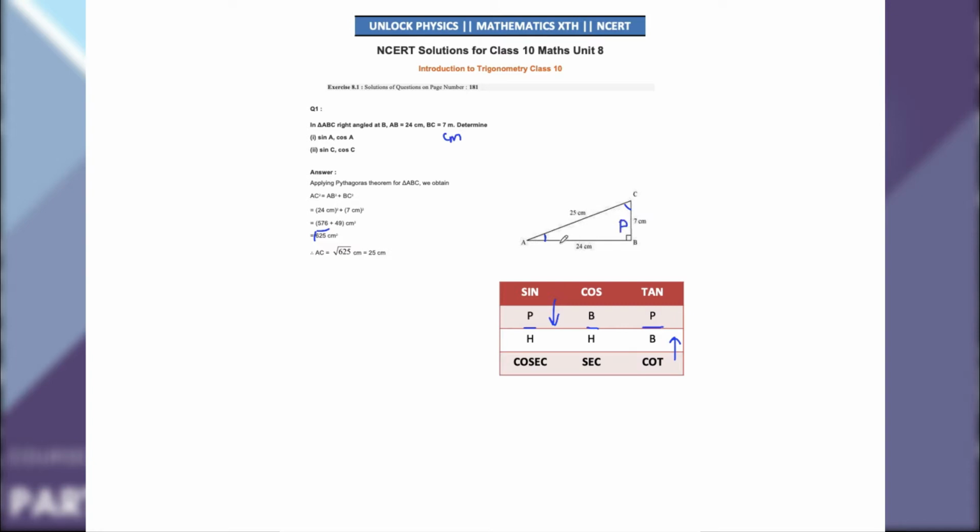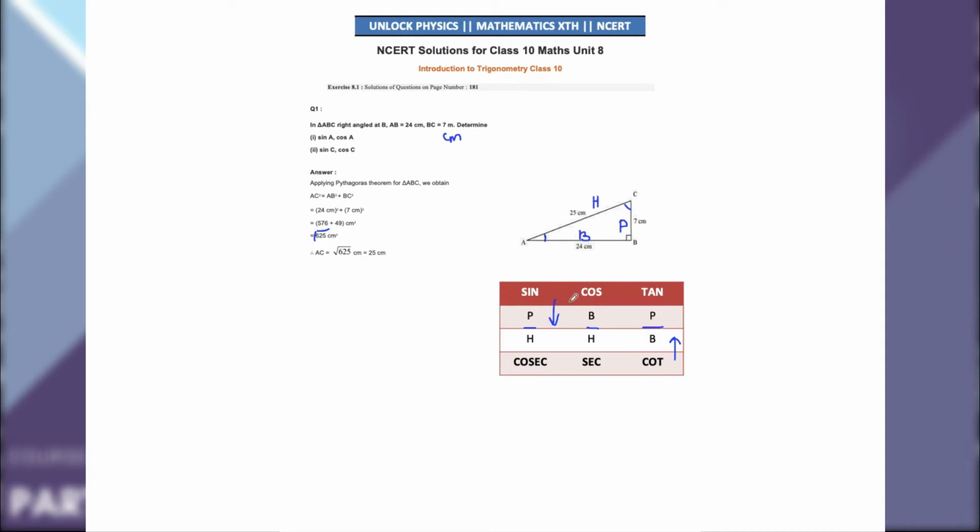So any side in front of this angle is always perpendicular, and the side adjacent to that angle would be base. Now we have perpendicular, we have base, so obviously this will be our hypotenuse.